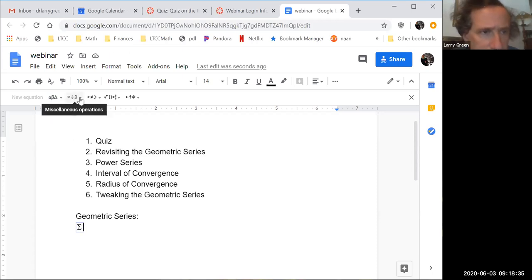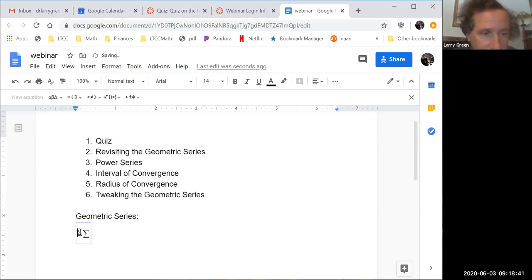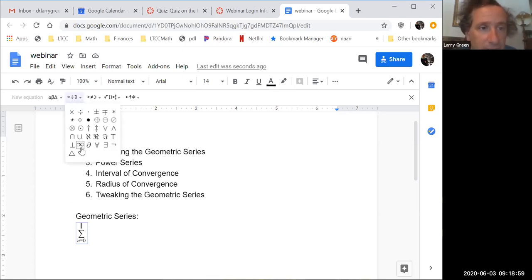Oh yeah, this had the summation. So it's a summation, n equals 0. I like to start at 0, especially for today. n equals 0 to infinity, and it is important that it's infinity.